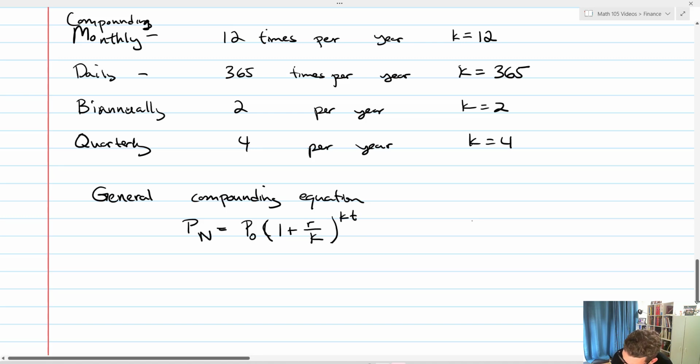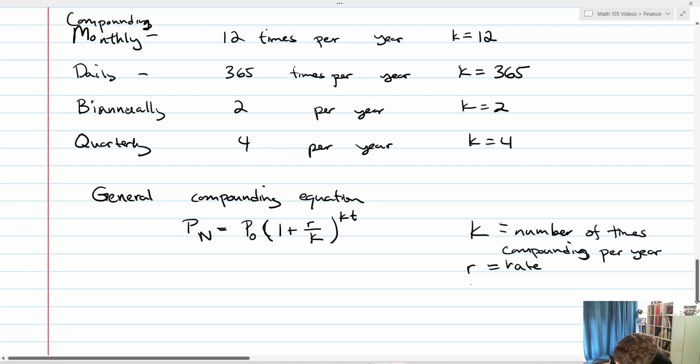So basically, K is the number of times compounding per year. So for annually, it's going to be 1. Our R is going to still be our rate. T is the number of years.